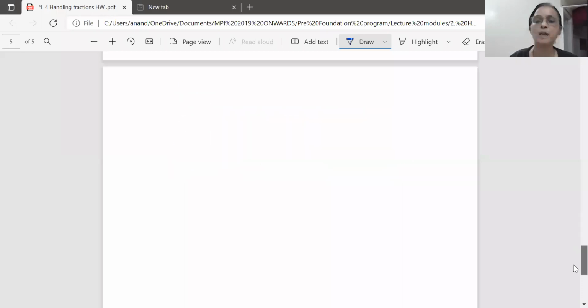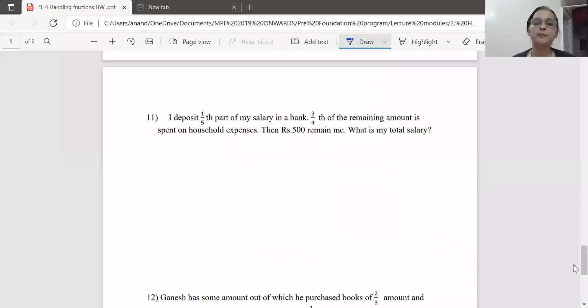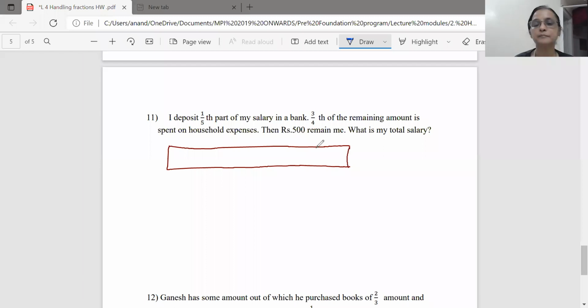Ask questions to yourself. Then, I deposit 1/5 part of my salary in the bank. Okay, again, let us make 5 parts. This is my full salary, and I am depositing 1/5 in the bank.